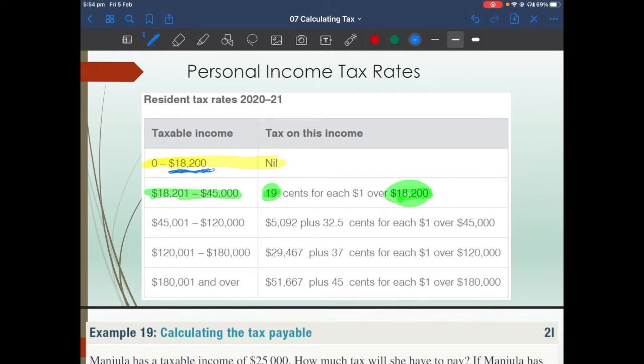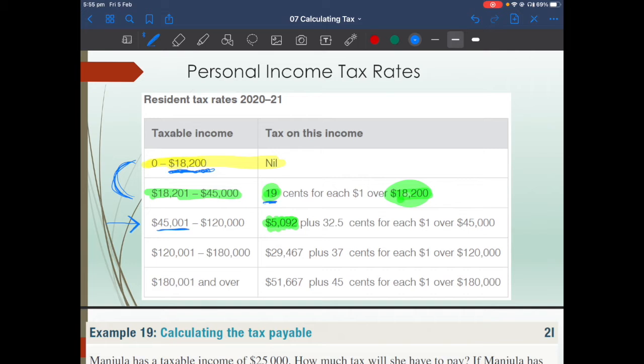Now, if your tax falls into the next bracket, you completely disregard the ones that came before, because you pay this flat amount which counts for the previous row. Okay? This $5,000 is if you had paid 19 cents on your first $45,000.